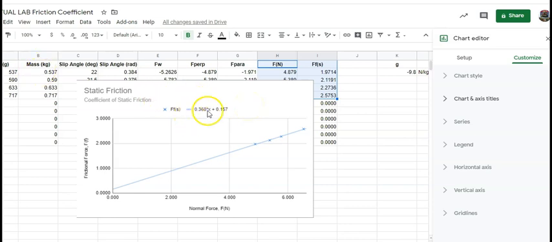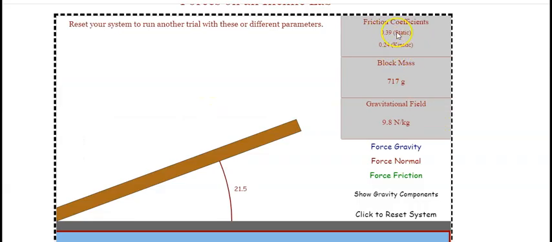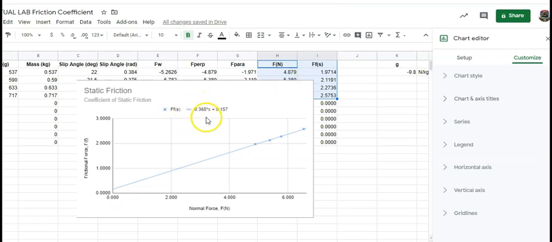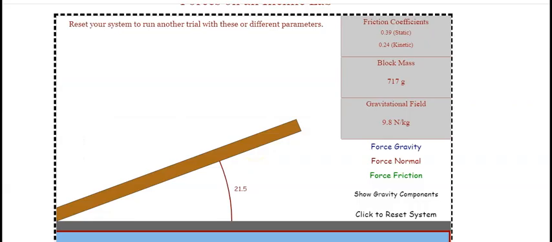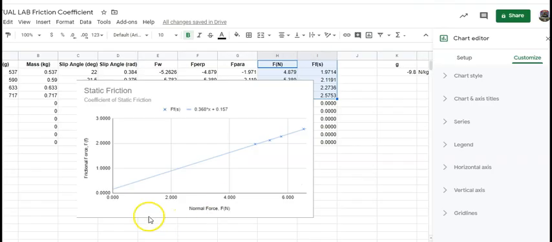You need to compare that back to here. That was our expected, so 0.39. What has it got here? Okay, as I said, there's an error there, but that was probably that first bit of data that I collected. And also, what about the angle? What was your prediction about the slip angle?